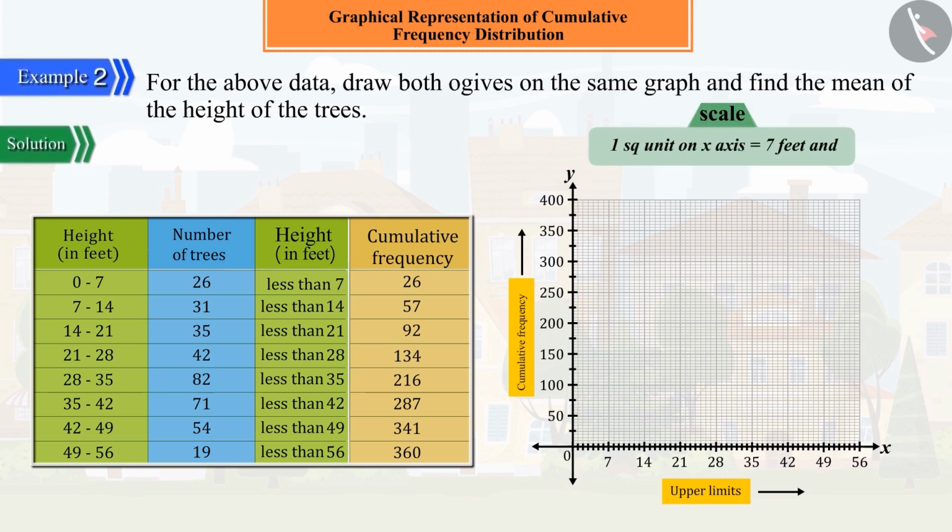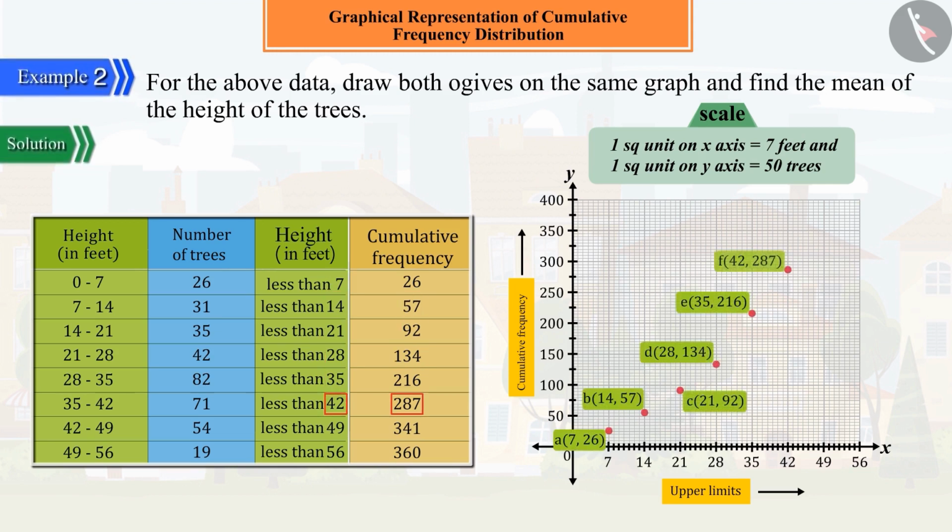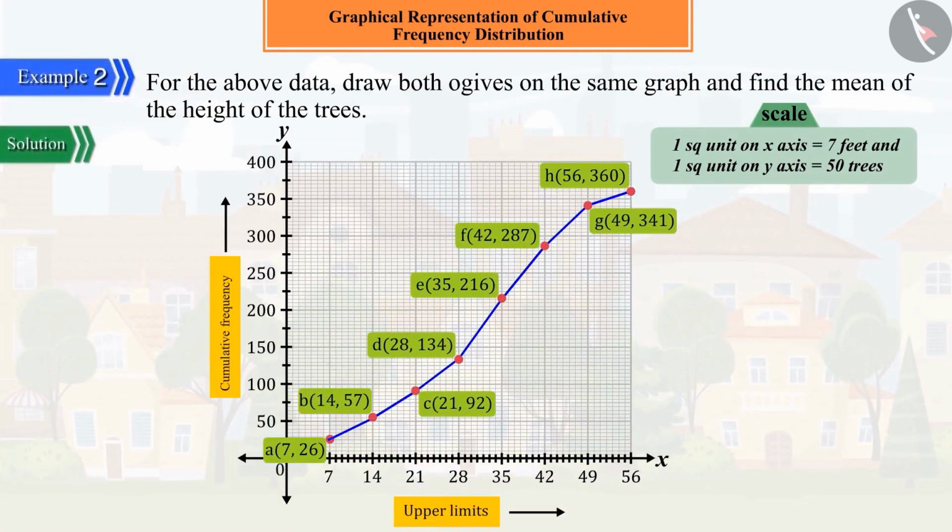Here, we take one square unit equal to 7 feet on the x-axis and one square unit equal to 50 trees on the y-axis. Let us now plot the corresponding points of ordered pairs A, B, C, D, E, F, G and H obtained from the upper limits and corresponding cumulative frequencies and join them carefully. From which we get a curve which is less than type of ogive.